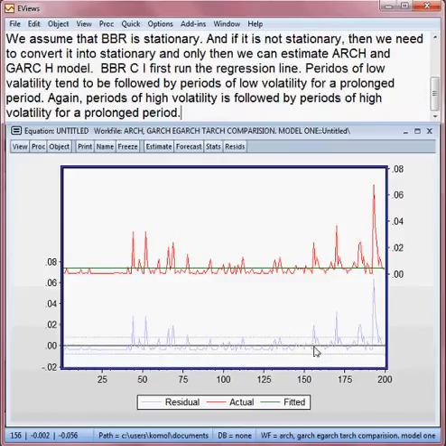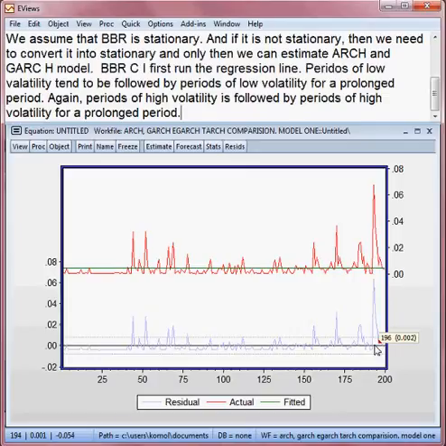So high volatility is also followed by another high volatility. So meaning that from day 150 until day 200, one high volatility has been followed by another high volatility.